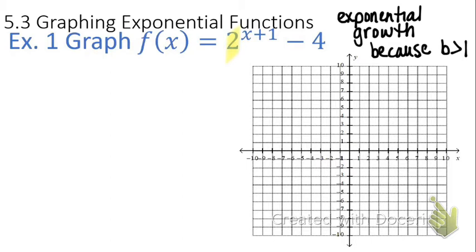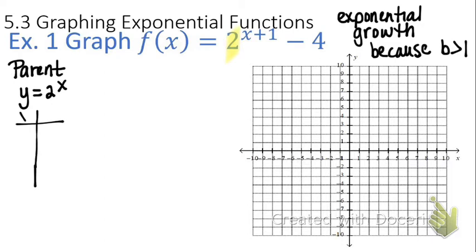So our first step is going to be to make our parent table. And our parent table is just y equals 2 to the power of x. So we're going to ignore, for a minute, the h value and the k value.